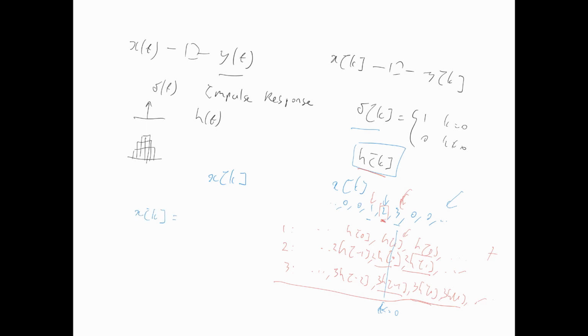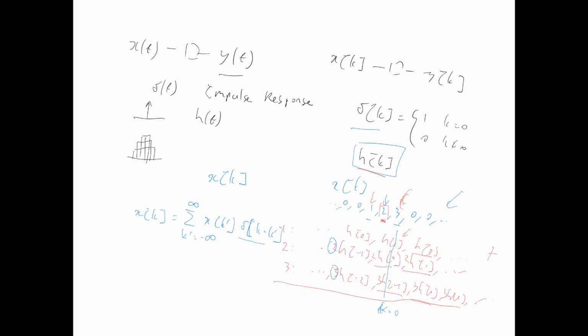Given any x of k, I can decompose it as an infinite sum over k prime equals -infinity to infinity of my x at k prime. This is going to serve as the coefficient I have in front of my terms here, times my delta function, k minus k prime.